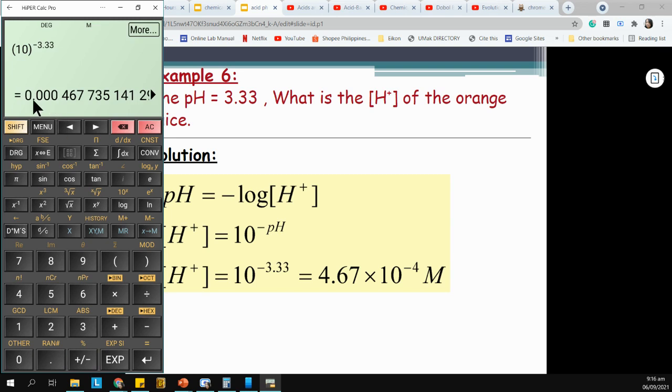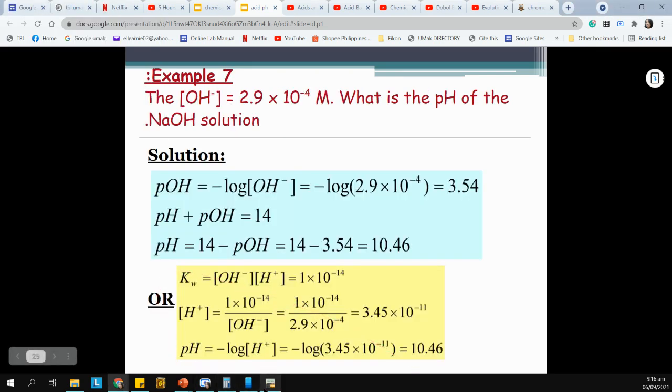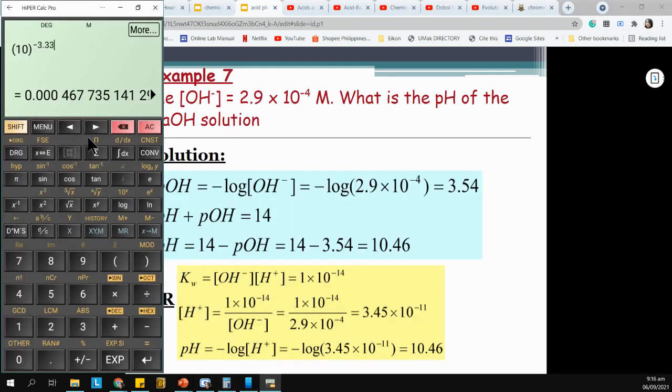Yan. So it's 4.67 times 10 to the negative 4. Now, what if you're asked to get the hydroxide? Now, if you're asked to get the hydroxide, pinapakomplicate ni Ma'am Santiago yung buhay ninyo eh. Okay? So, ang gawin nyo lang, diba? Remember, 14 total ng pH at saka POH.